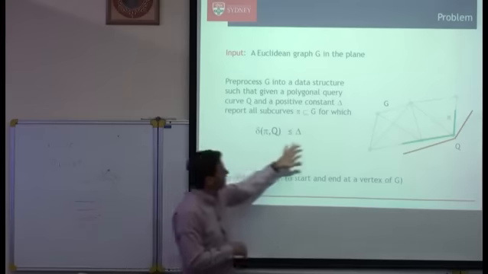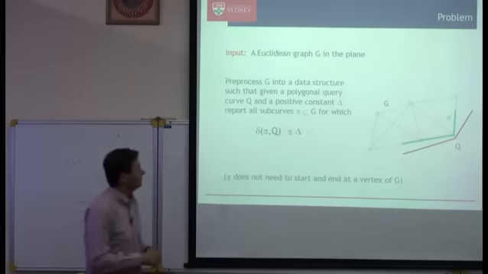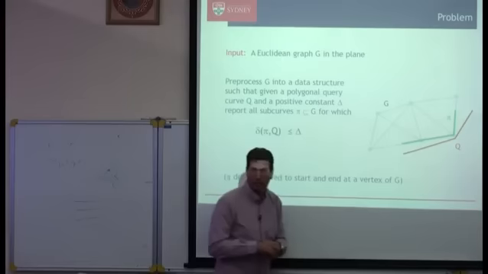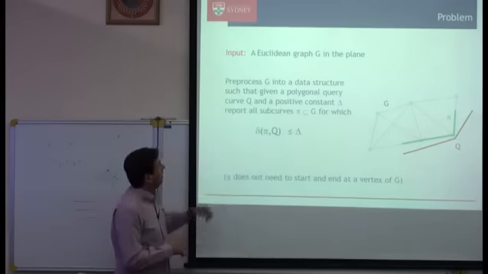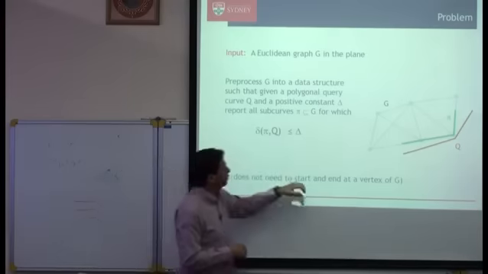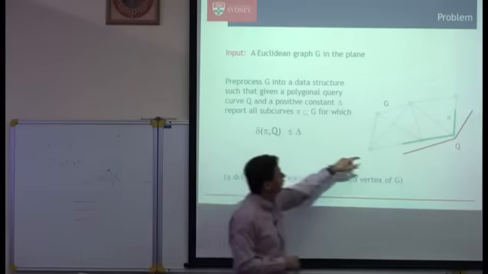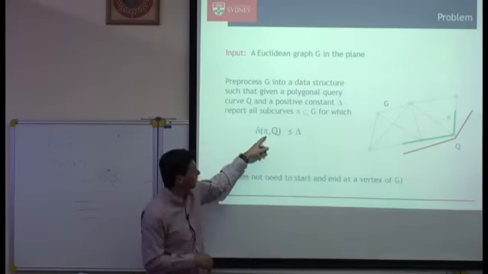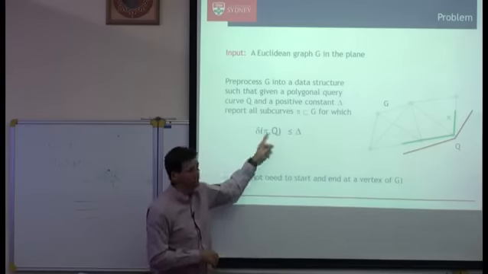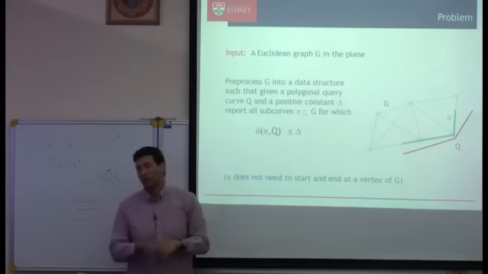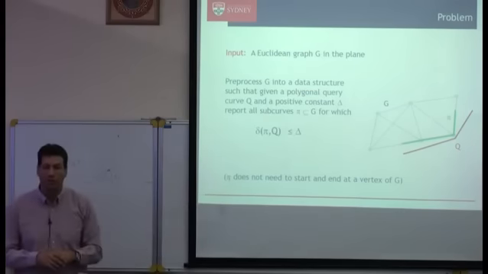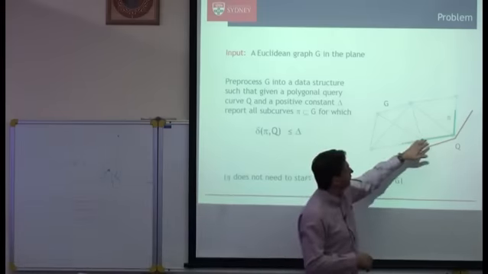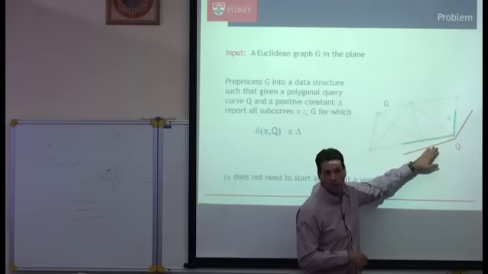We want to pre-process this graph into a data structure such that, given a query, which is just a polygonal path Q, and a positive constant delta, we report all the subcurves of this graph that have Fréchet distance at most delta to Q. Or, in the nearest neighbor version, just give me the subcurve of the graph that has smallest Fréchet distance to my query.